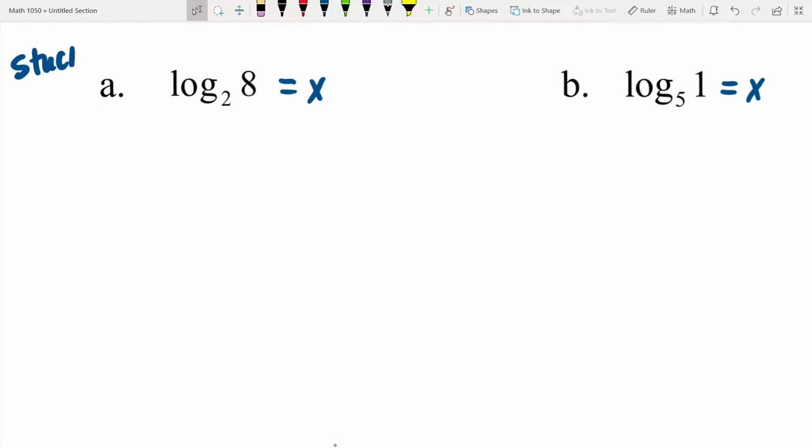Stuck. When you get stuck, you convert. If you had something like this, guys, just listen for a second. If you had y equals 2, you would be stuck because the y's all alone. If you had this, 2y equals 2, are you stuck?